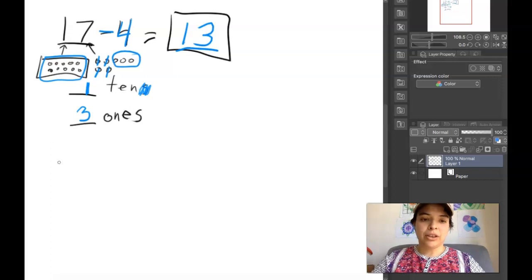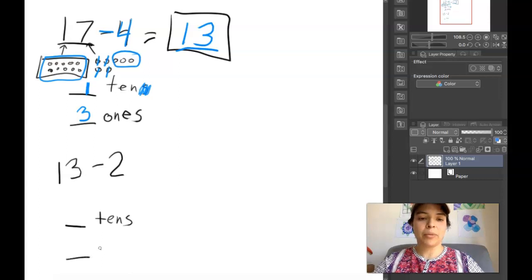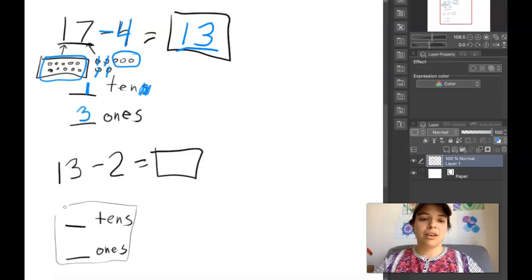Let's do 13 minus 2. And I want to know how many 10s and how many 1s. I don't simply want to know the mystery number, because I can actually use the 10s and 1s information to show me what the teen number should be.